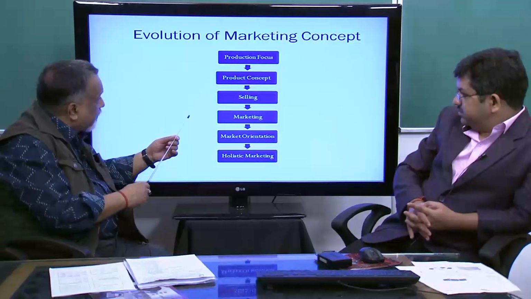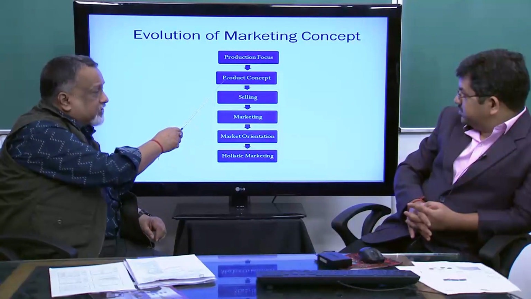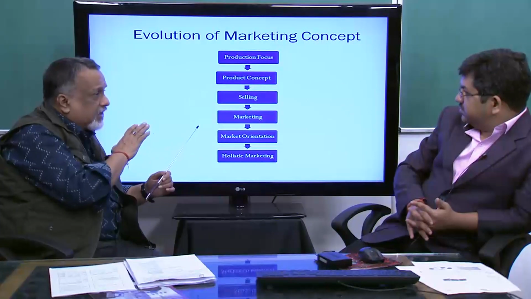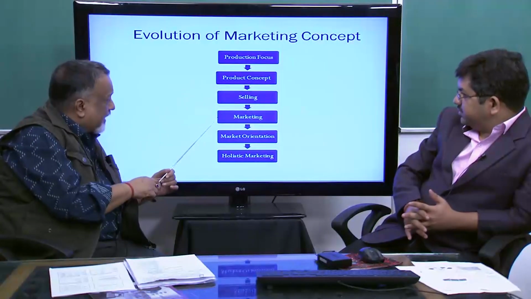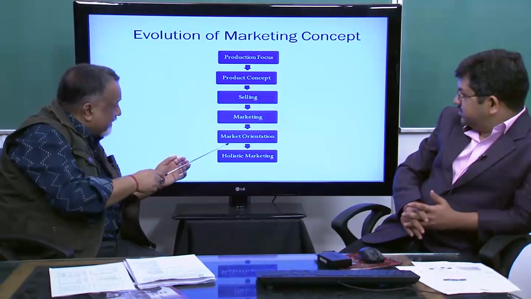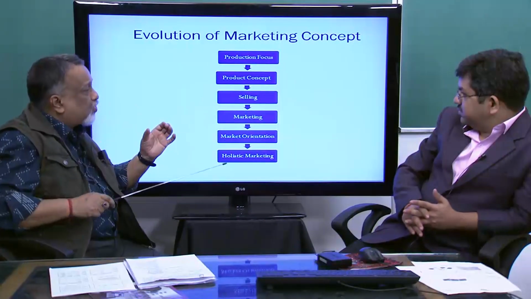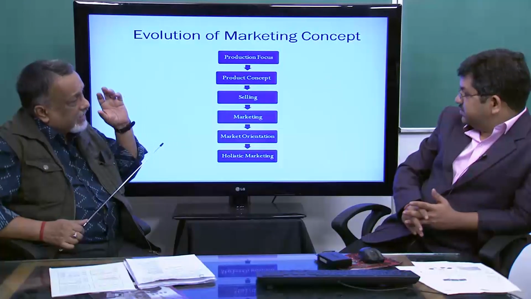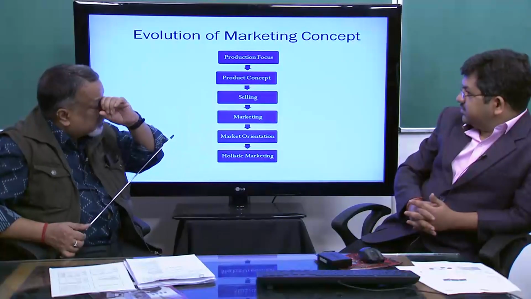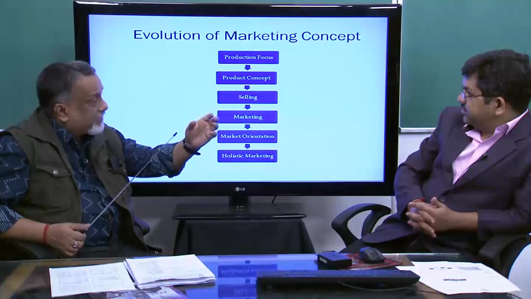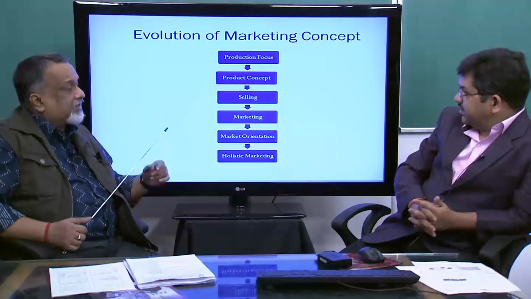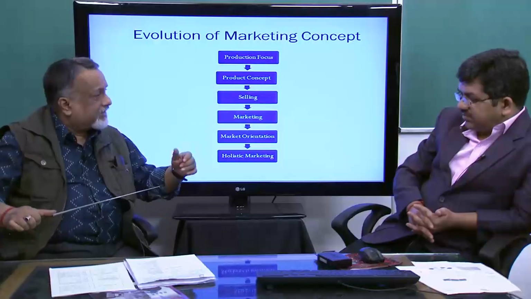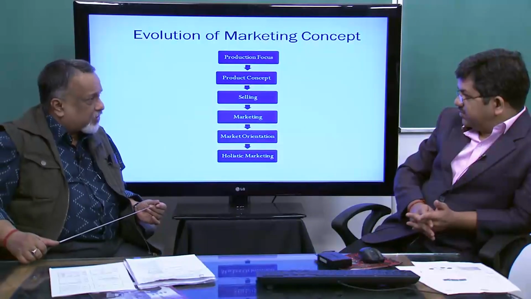So making just one toothpaste which is white and in just three sizes is absolutely not possible today. We have to look at different strokes for different folks, and as marketing people we have to start with the specific segment's requirement in mind, go backwards to what product will satisfy it, then talk to the production people, interact with them and come up with the final product.